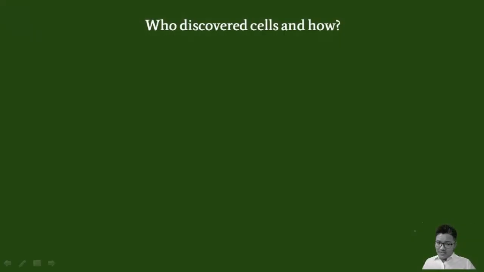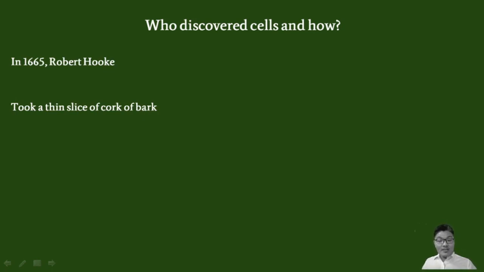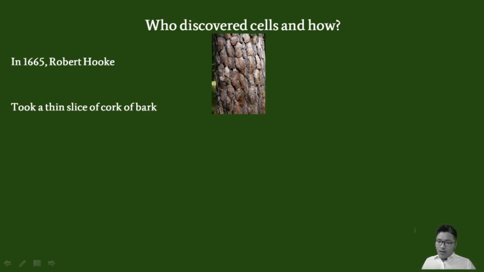Now, who discovered cell and how? In 1665, there was a great scientist called Robert Hooke. He took a thin slice of cork from bark of tree. All of you have seen bark of tree. Around the stem, there is a rough covering that is bark.